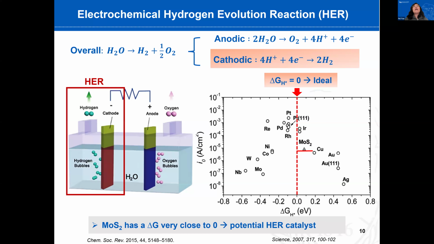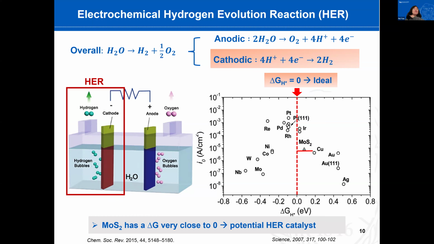The hydrogen production basically involves water electrolysis, where you can dissociate the water into hydrogen and oxygen. The respective anodic and cathodic reactions are listed here. Today we will focus on the cathodic part, which is the hydrogen evolution reaction, HER in short, okay?